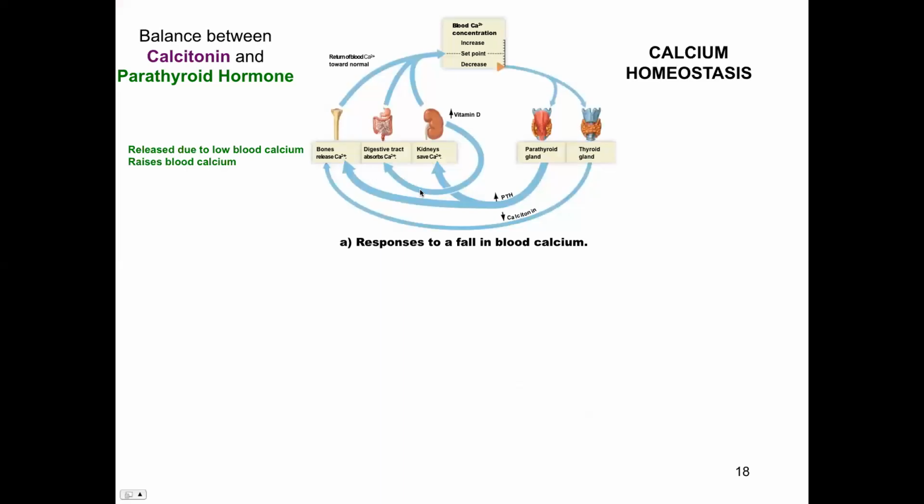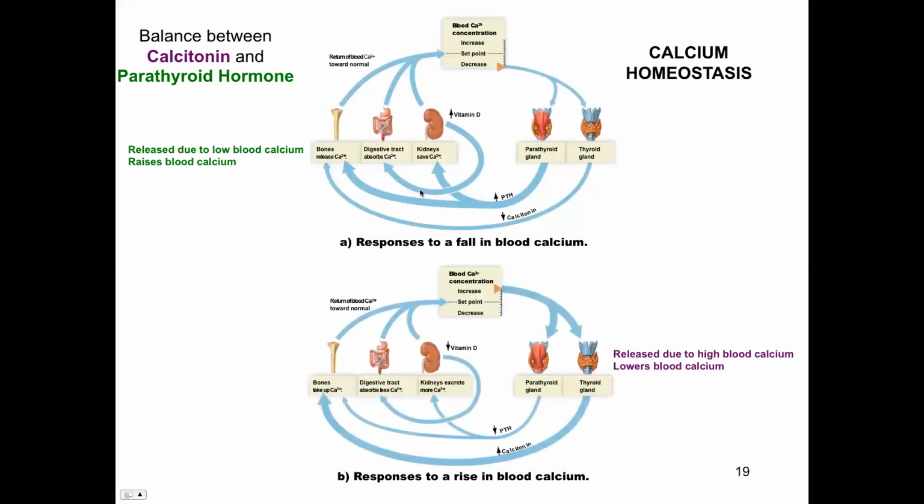So on the other side, when we have high blood calcium, you want to lower it. What is calcitonin going to do? It's going to do the opposite. The bones are going to take up the calcium, so you're going to stimulate the osteoblasts and dampen down the osteoclasts. What am I saying? You're going to absorb less calcium from your digestive system, and you're going to allow the kidneys to excrete that calcium.